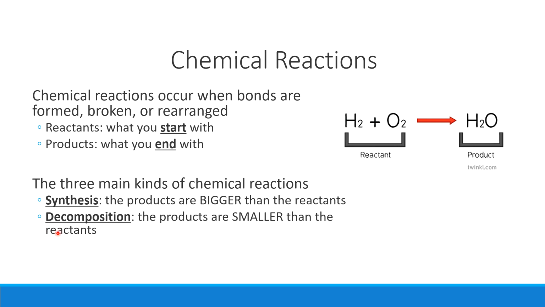So larger reactants, smaller products. The final kind of chemical reaction that we're going to explore is exchange reactions. And in an exchange reaction, different molecules are exchanging parts with each other. It's kind of a combination of a synthesis reaction and a decomposition reaction all in one.